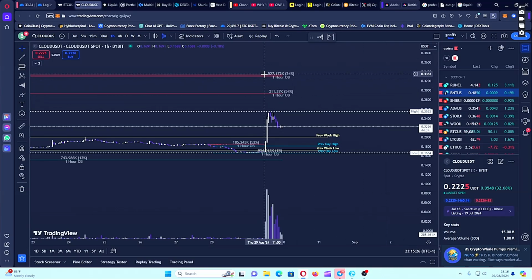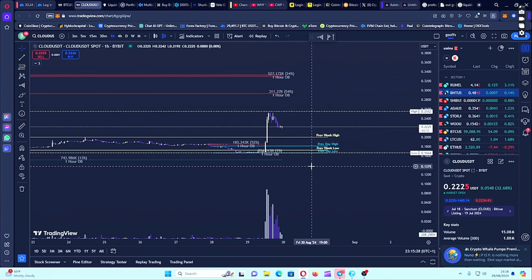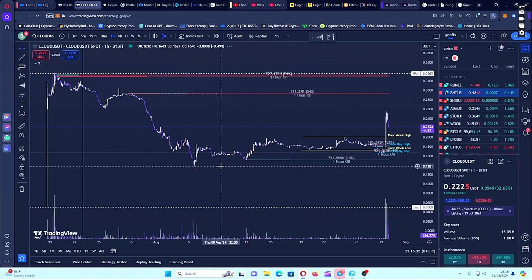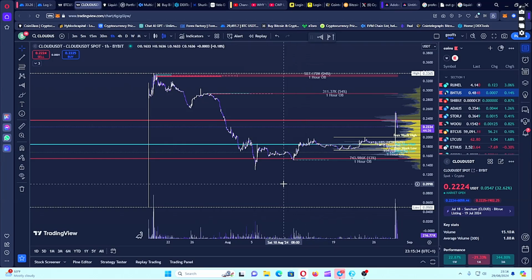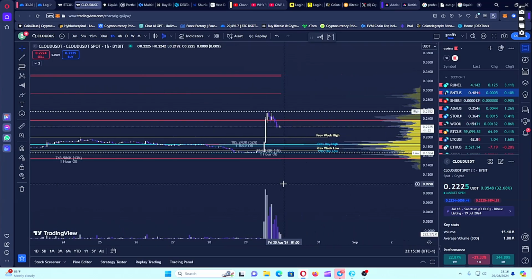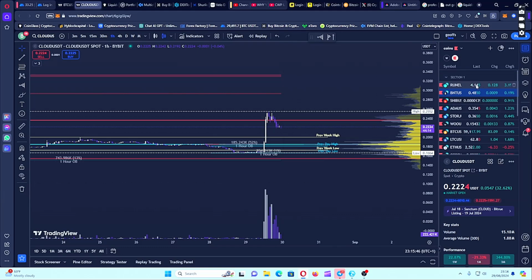Use your order blocks. Use your fair value gaps. Use your point of control, your value area high and your value area low. That's all you need to do to take very good trades to earn decent amounts of money. You don't need to be over trading.